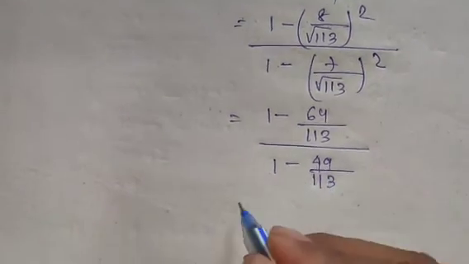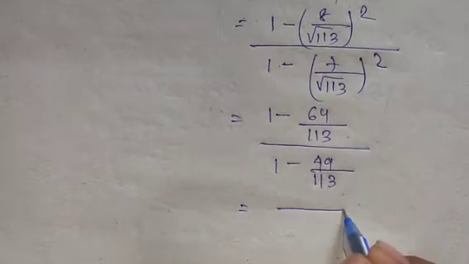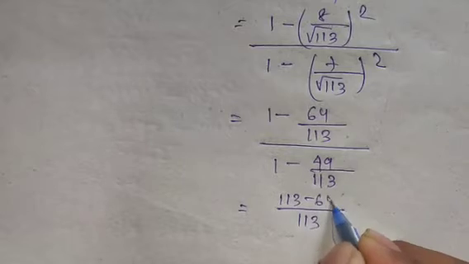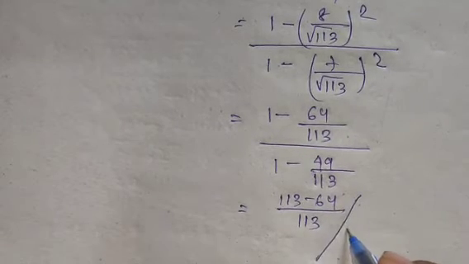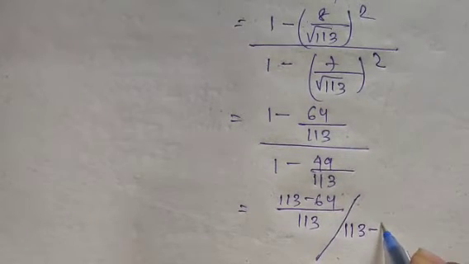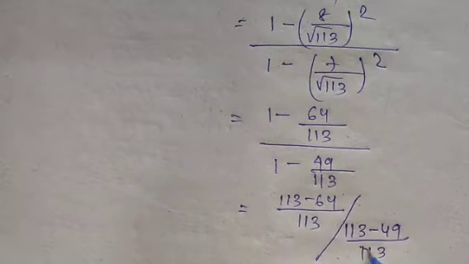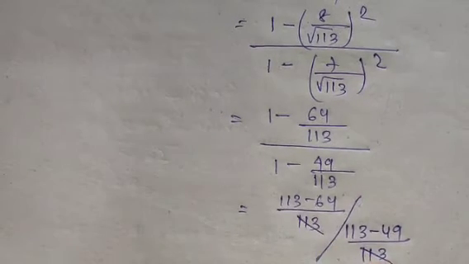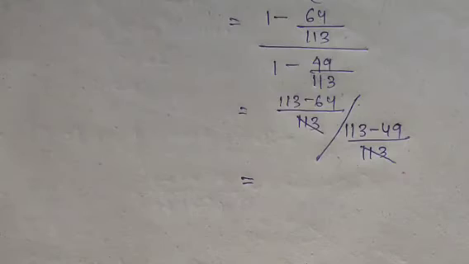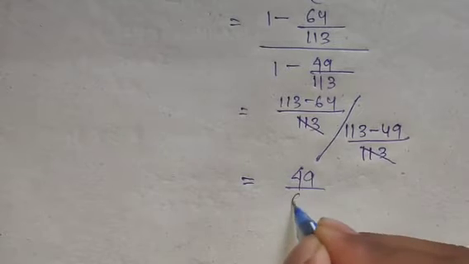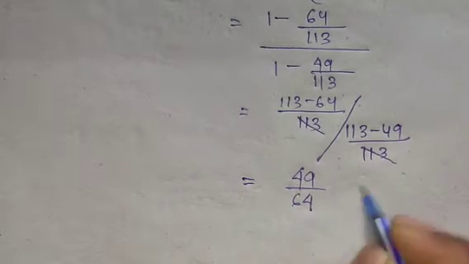So from here we can say that taking the LCM, (113 minus 64) divided by 113 divided by (113 minus 49) divided by 113, 113 cancel. So from here, which is equal to 49 by 64. Okay, understand?